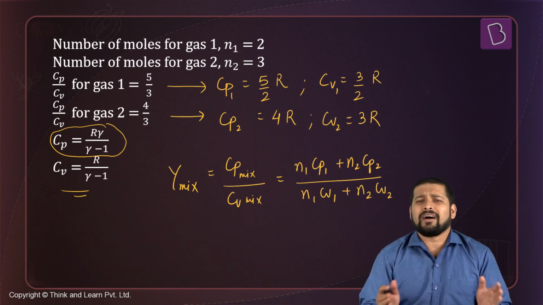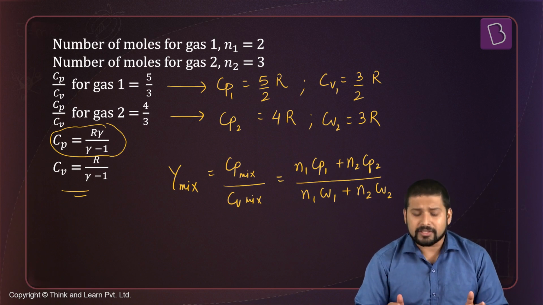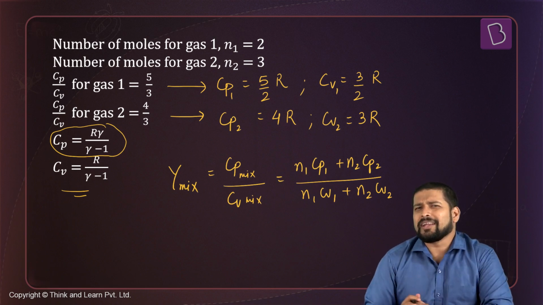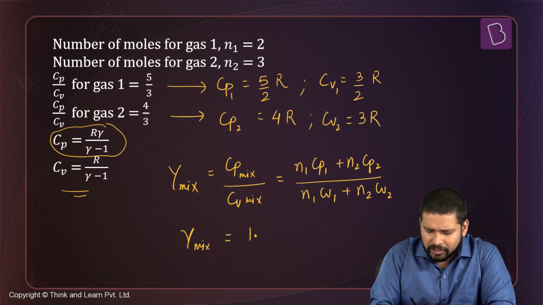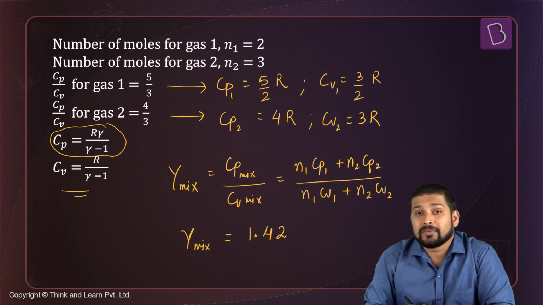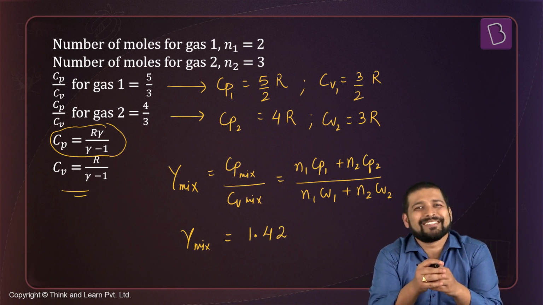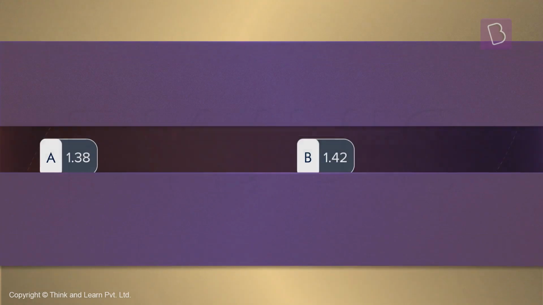And here you have all the values, everything is given. And once you calculate this, you get the value of gamma of this mixture equals to 1.42. And that is the correct answer to this question.